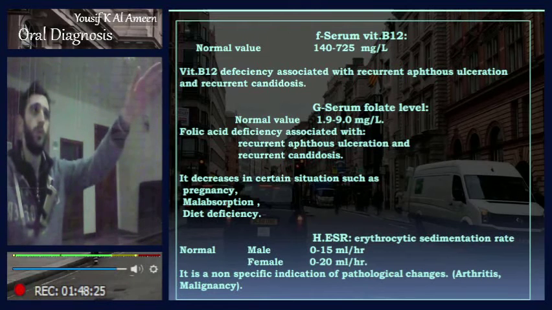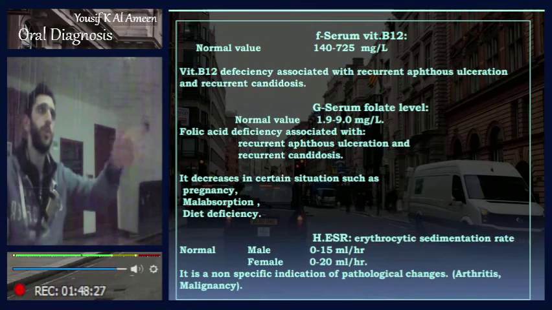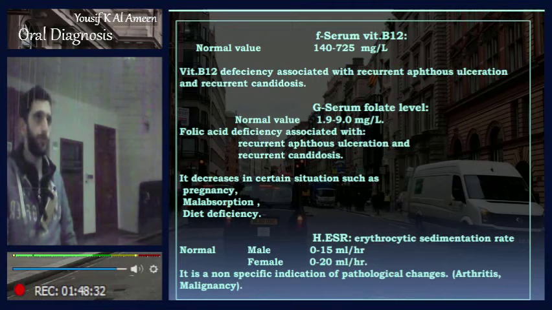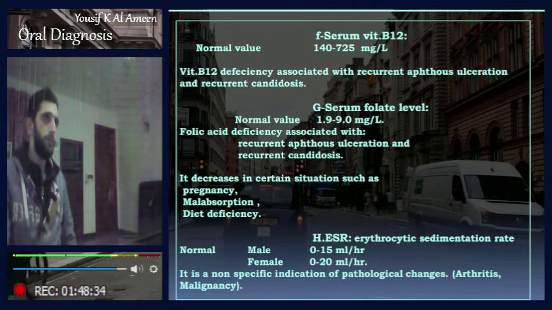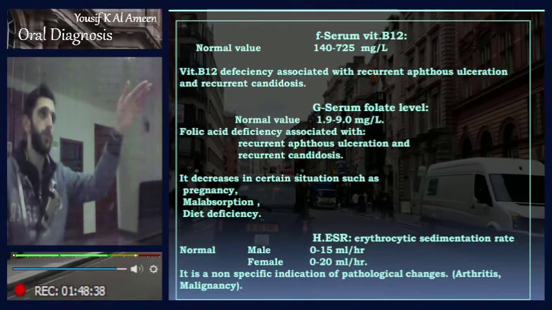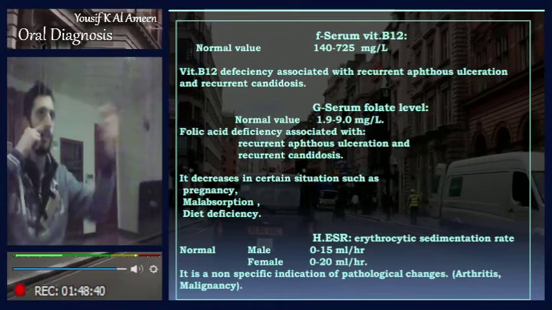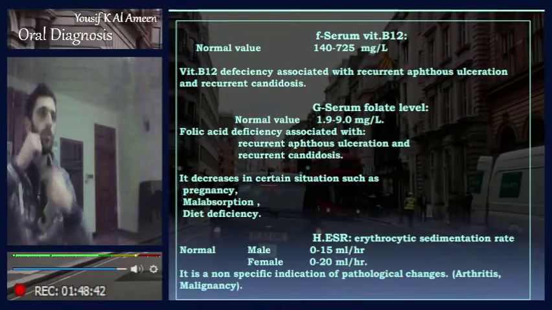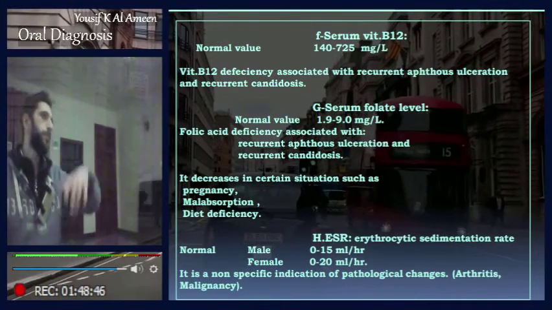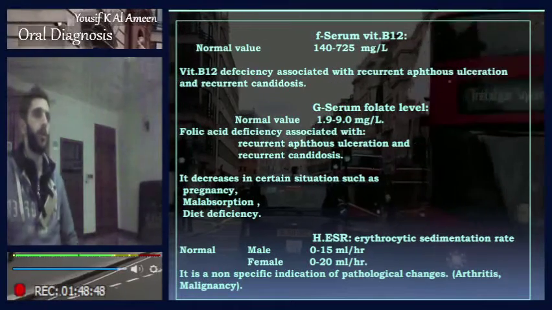Normal value of serum vitamin B12 is 140 to 725. Vitamin B12 deficiency is associated with recurrent aphthous ulcers. Here is the aphthous ulcer in the oral cavity, and recurrent candidiasis.